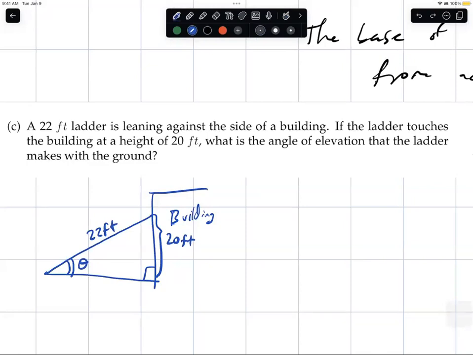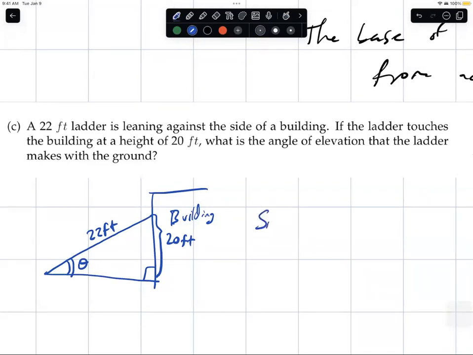So what trig function can we use that relates this angle with those two sides? Since we have the hypotenuse and the opposite side, it would be sine.